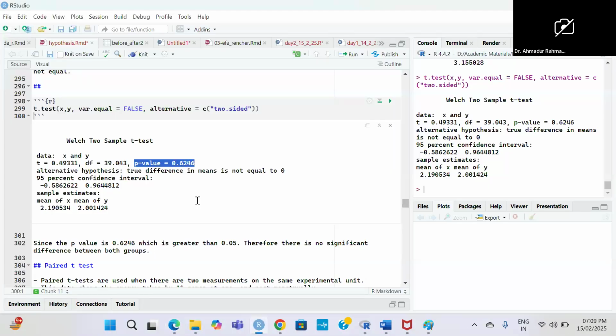Okay, so since the value is greater than 0.05, therefore we fail to reject the null hypothesis. And when we fail to reject the null hypothesis, that means the means of the two variables are not different.